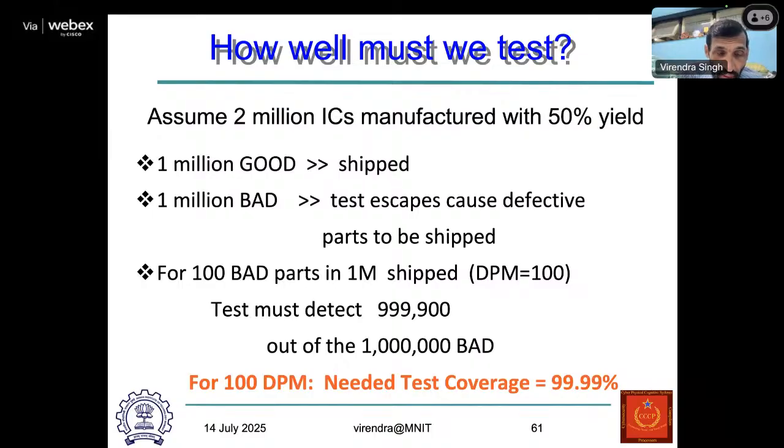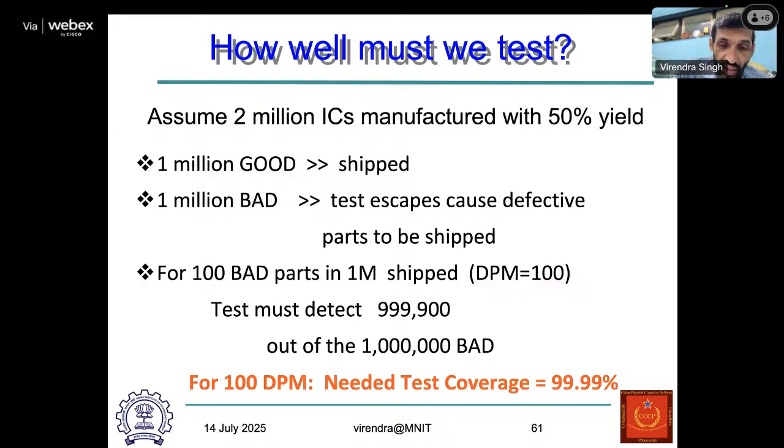So my test should identify 999,900 chips as good chips and 100 chips as bad chips. All these are out of 1 million parts.